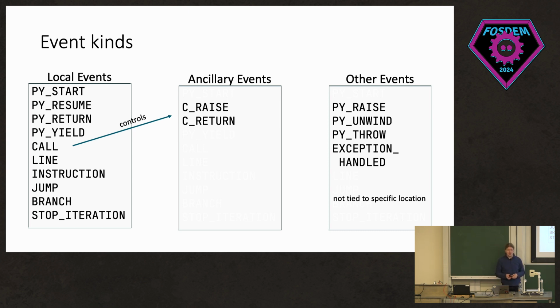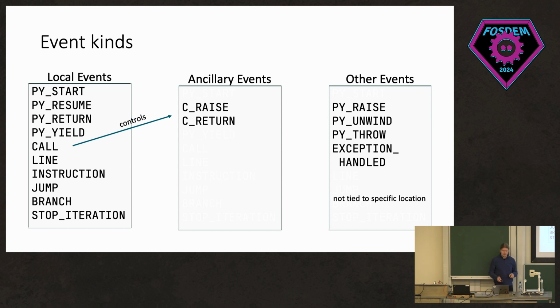So for example, you have the call event that is triggered whenever you call a function, and then we have C-raise whenever an exception is thrown in C code, or whenever a C function returns. And there are, of course, also other events that are not enabled locally, but only globally. Essentially, the idea is we cannot locate them properly.